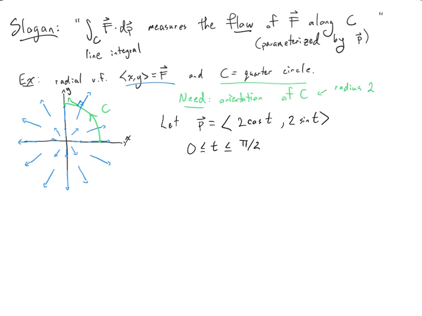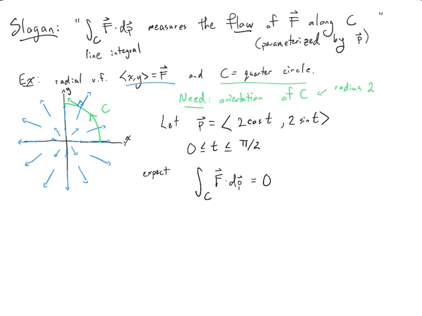So my expectation is that this integral should be 0. So I'm expecting that C is entirely moving against, perpendicular to the flow. So the integral along C of f dot dp should equal 0. And now let's just double check that.